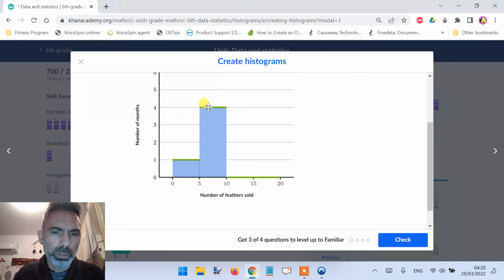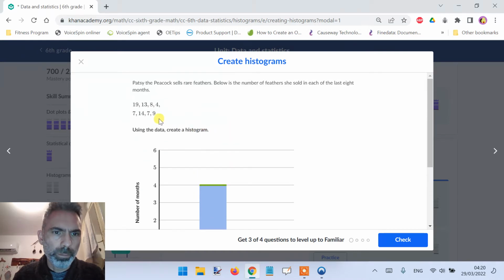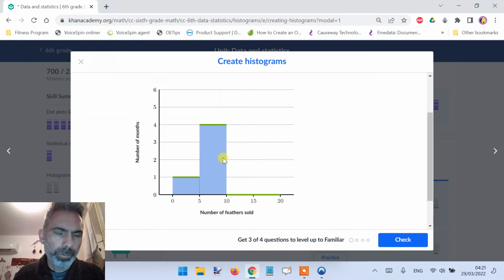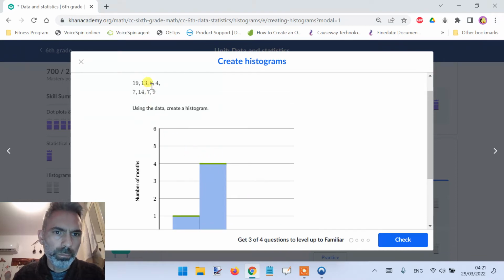So 4 months. So 8, 9, 7, and 7 are all between 5 and 10. So these are 4 months. This is 1 month, 2 months, 3 months, 4 months. Okay.